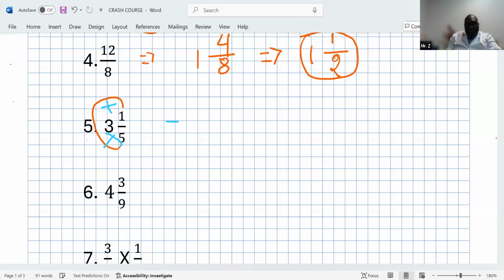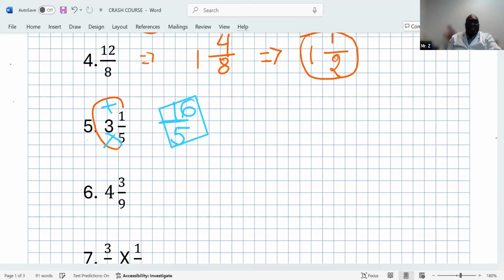And one thing that you have to know, once you do that, the denominator will remain the same. So you can just go ahead and put that over there. Now 3 times 5 gives you 15, and 15 plus 1 gives you 16. So this is how you convert a mixed number to an improper fraction.